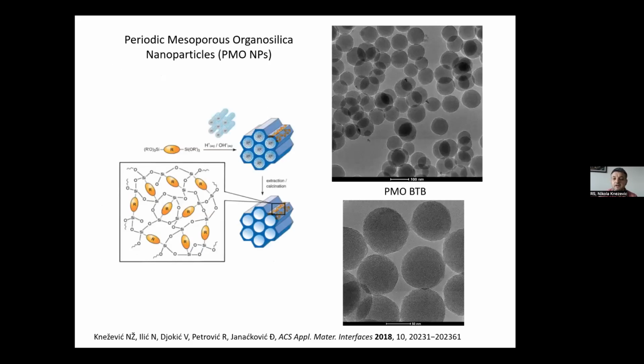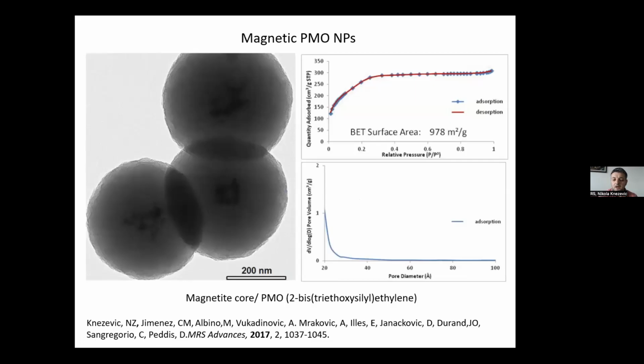And regarding PMOs, you see that organosilicon nanoparticles have these bridging organic molecules. This is an example with just a phenyl, a benzene group, as R in this case. There are some uniform, nice nanoparticles obtained, but we can also use them to make magnetic nanoparticles, to make a core-shell structure inside.